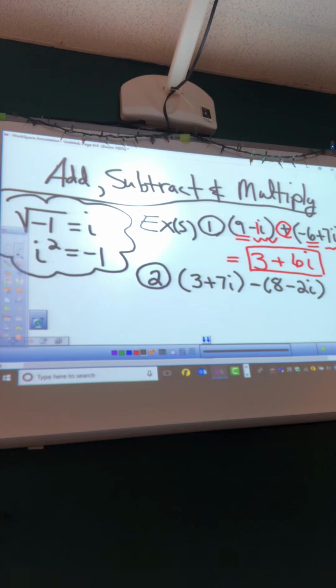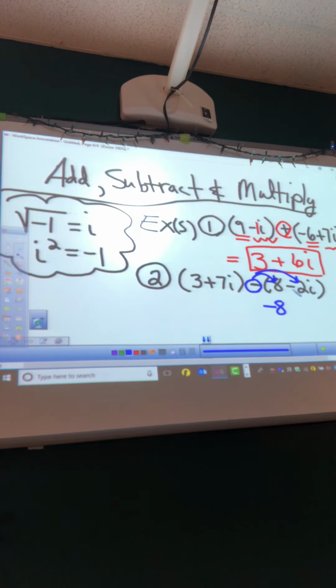All right, here's a subtracting. Now my suggestion on subtracting is to distribute the negative and then combine like terms. Again, my suggestion is distribute the negative and combine like terms. So if I distribute the negative to that second complex number, that 8 is now going to become what kind of 8? -8.